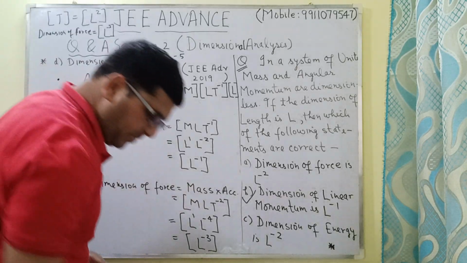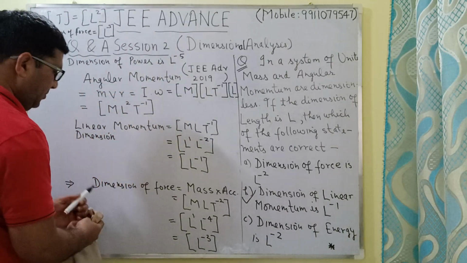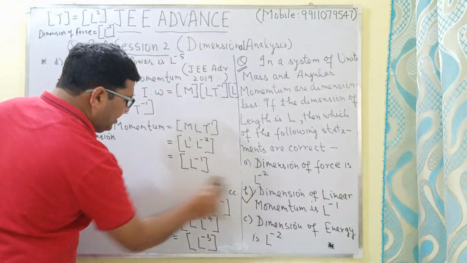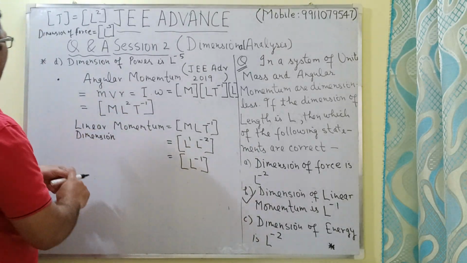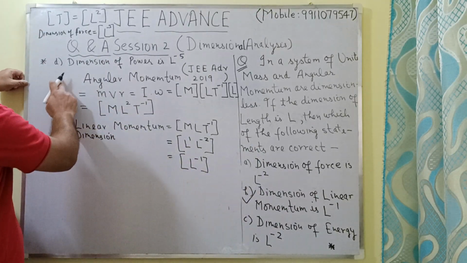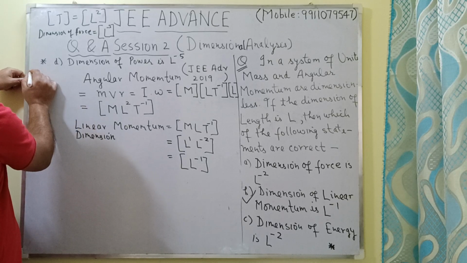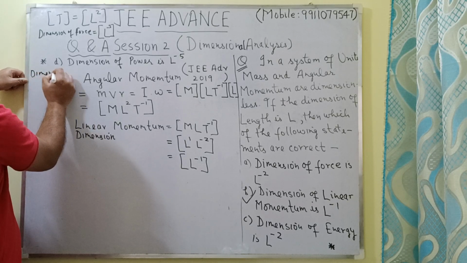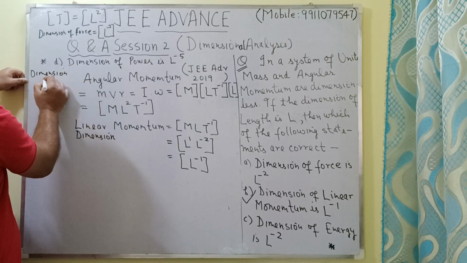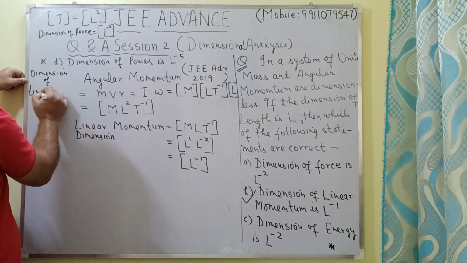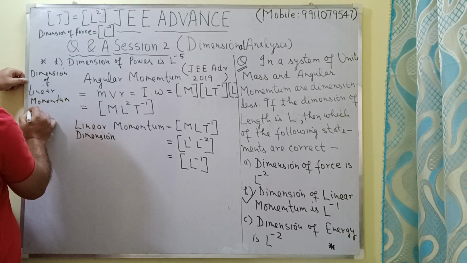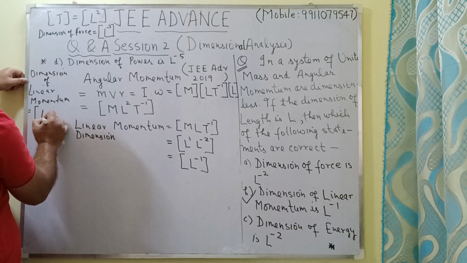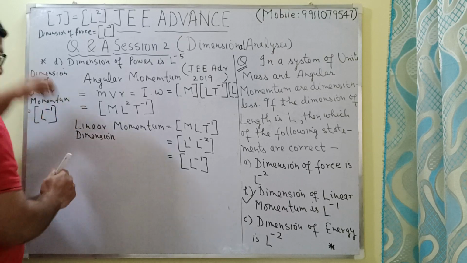And now I will be just rubbing it. And the dimension of linear momentum, I will be just writing the dimension of linear momentum here. That is, this is equal to L minus 1.